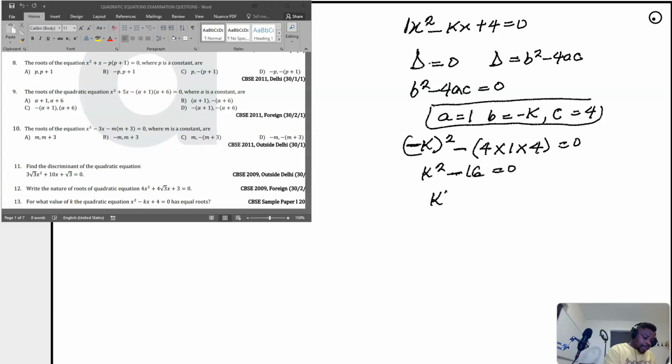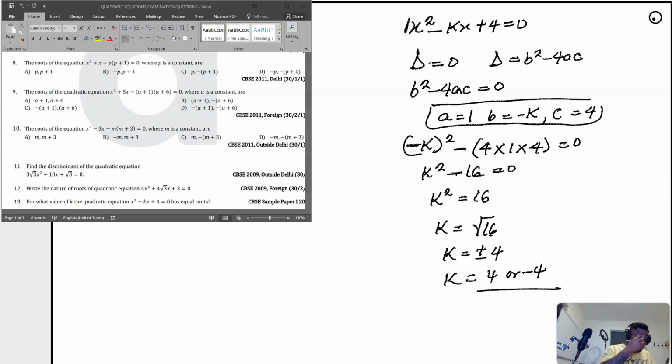So k squared minus 16 is the same thing as difference of two squares. Okay, so I can just write it like this: k squared is equal to 16. So k is square root of 16. k is plus or minus 4. So which simply means k is 4 or minus 4. So that is the value of k.